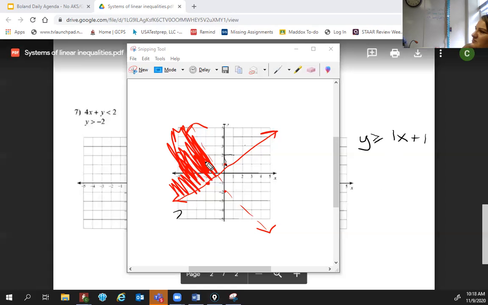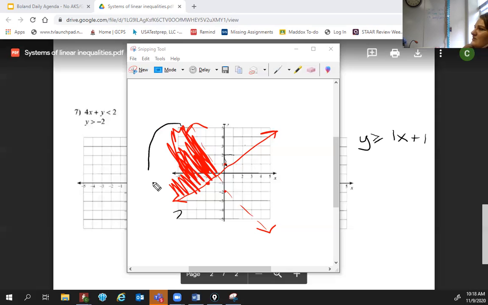And usually this portion would be shaded, right? But it's not going to be shaded because it's only shading the portion that is the overlap. Does that make sense? On your test, they're only going to shade the portion that overlaps.